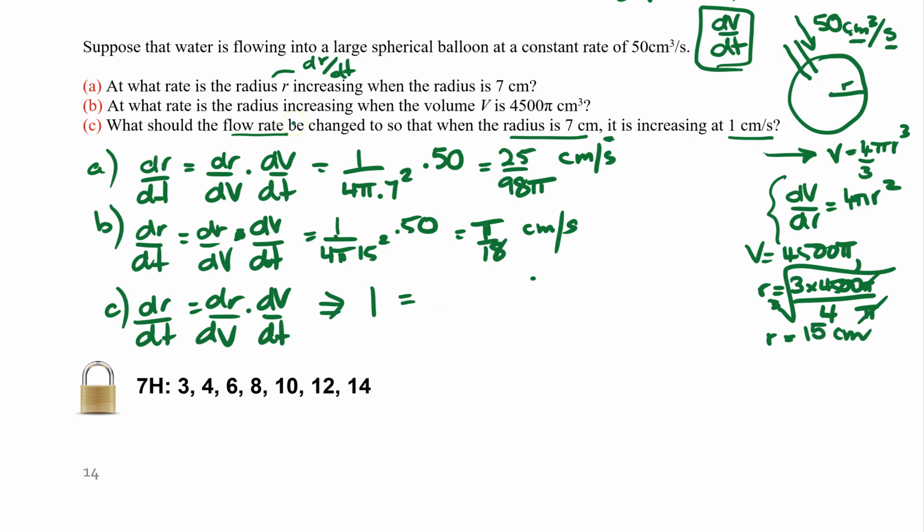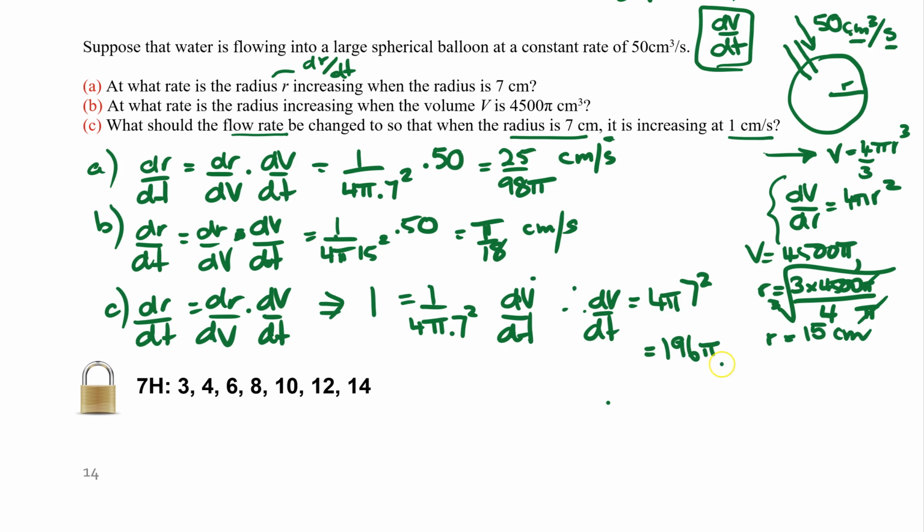We want to change the flow rate, so that dV dt is what we want to find, and we have dr dV to be 1 on 4 pi times, and it said the radius is 7. So therefore, dV dt, our flow rate, is going to be 4 pi times 7 squared, which equals 196 pi, and again the unit, cubic centimetres per second.